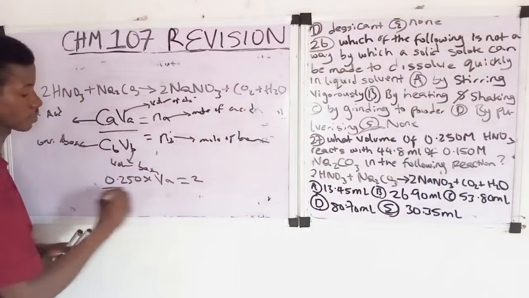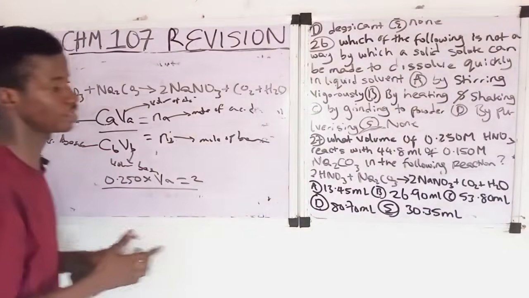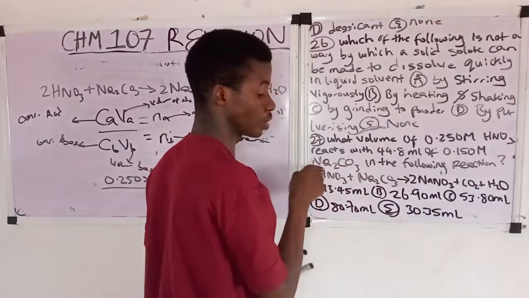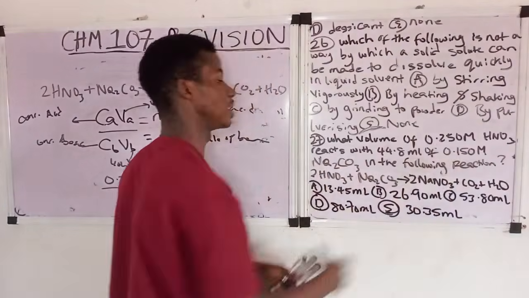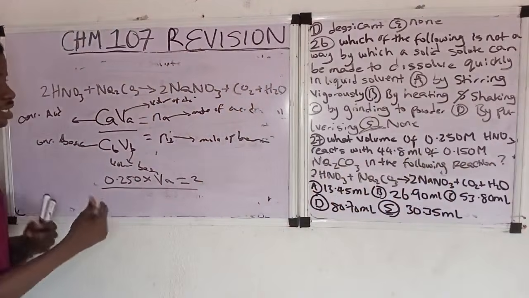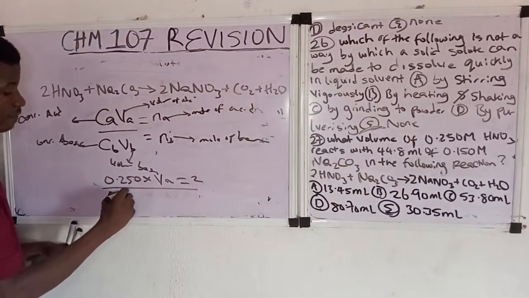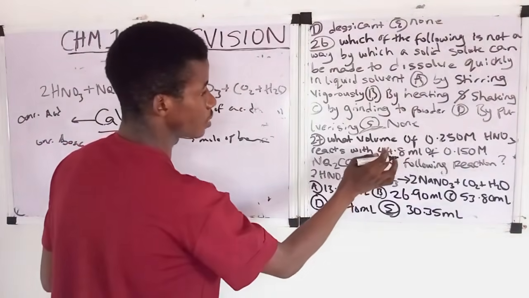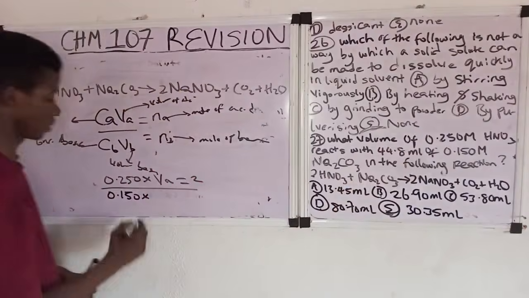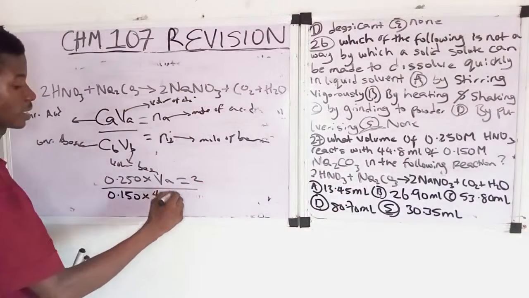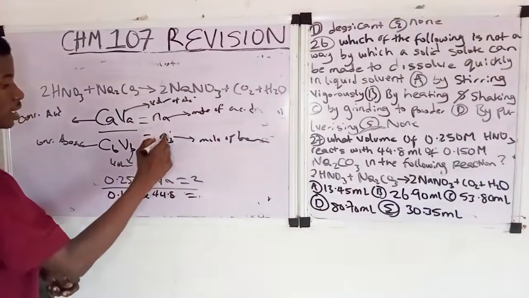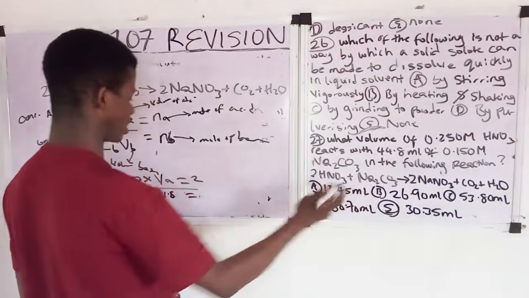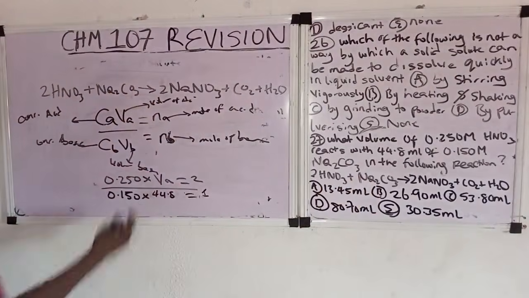Then the concentration of the base is 0.150 molar, so 0.150, then times the volume of the base, which is 44.8. What about the number of moles of the base? There is just 1.